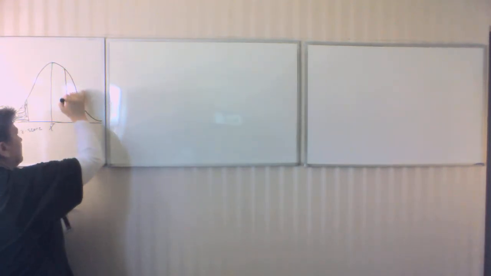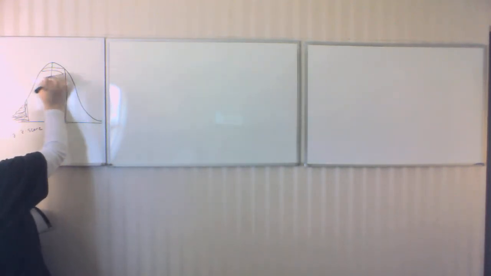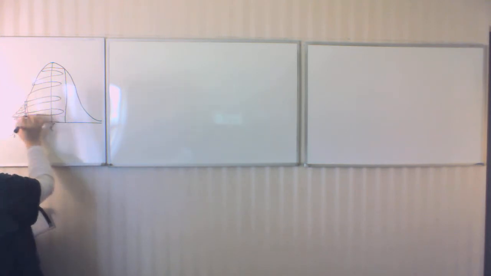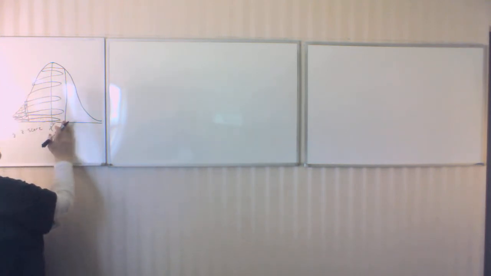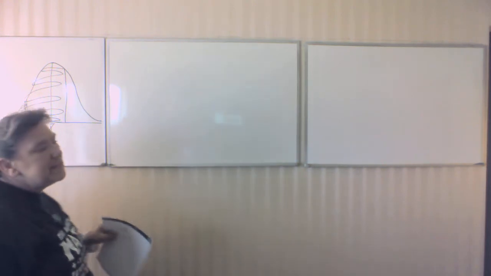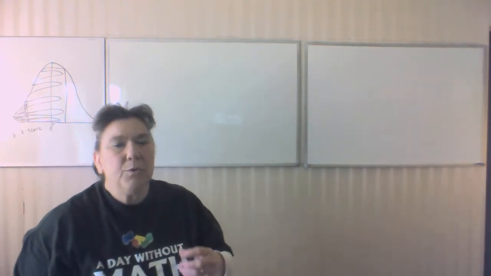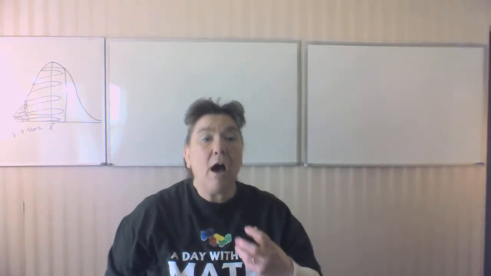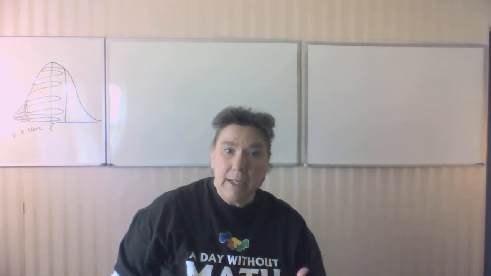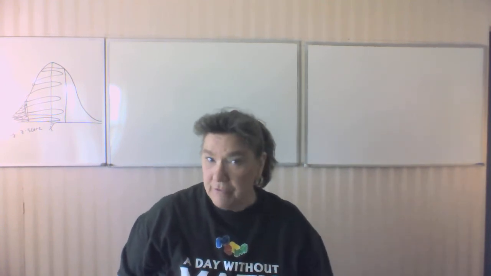And so if we have a positive z-score, it's going to be up here, and it's going to give you this whole region from here all the way up to here. And what does that give you? It gives you the part of one that part of the curve is.